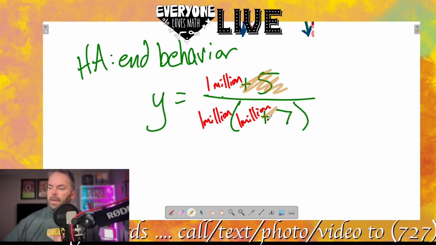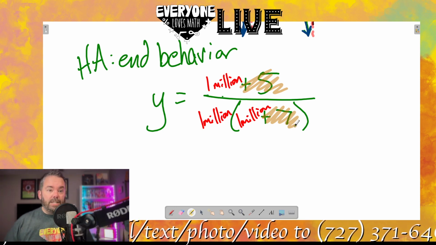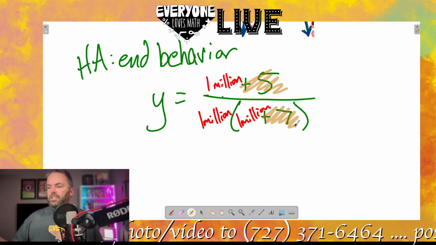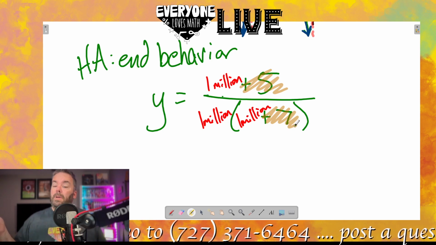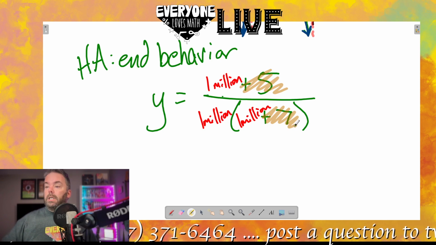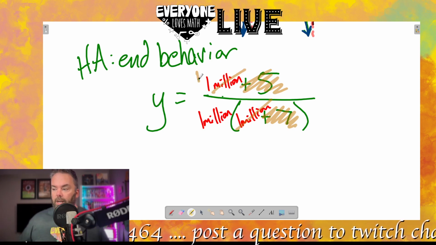That plus 7 doesn't really matter. Really, all we need to do is pay attention to where those x's were. So what do we have? Really, this fraction is 1 million in the numerator, which is big, but the denominator is 1 million squared. So we could do a little bit of fake math and cancel out 1 million on top and 1 million on the bottom.